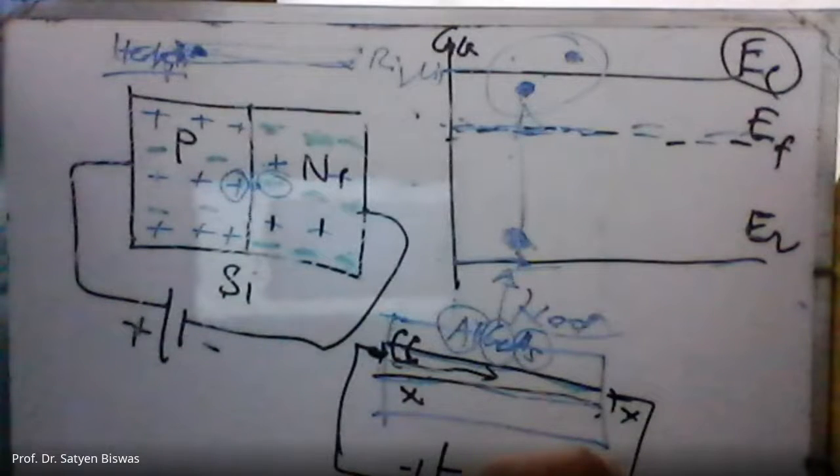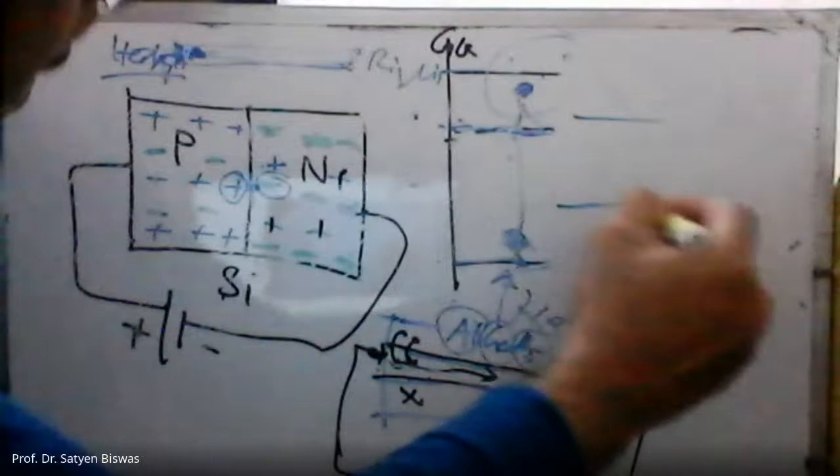Okay. Let's say we consider this side, and let's say this is for gallium, and use a different color. Let's say this is this one, and this one.